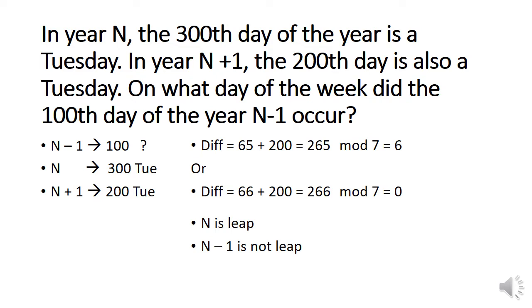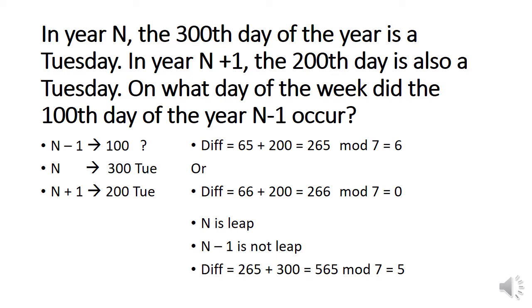So from day 100 till the end of the year, there exists 265 days left, and then there are 300 days in the year after that, which is year n. So between the question mark and the Tuesday of year n, there exists 265 plus 300, which is 565 days.